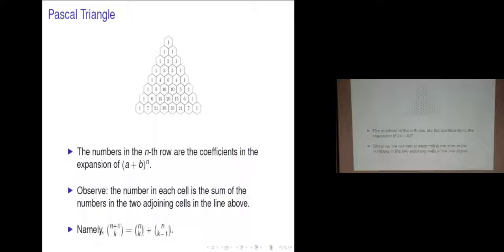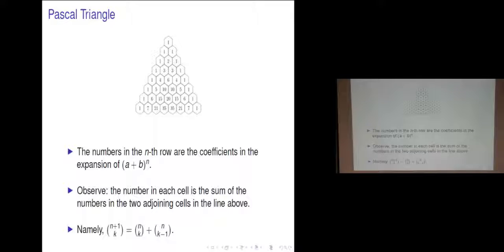Now if I write it in combinatorial numbers, this is the kth position in the n plus 1 row. On top of it, this is the kth element in the nth row, and this is the k minus 1 element in the nth row.